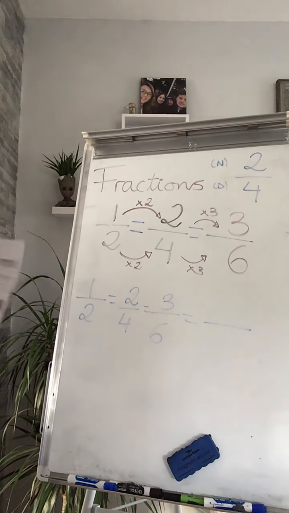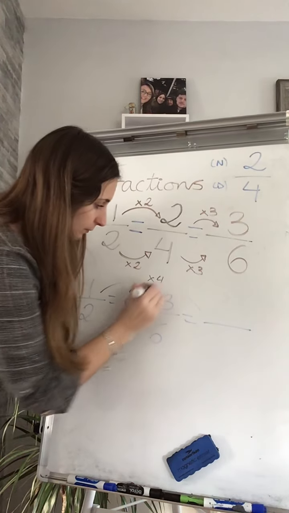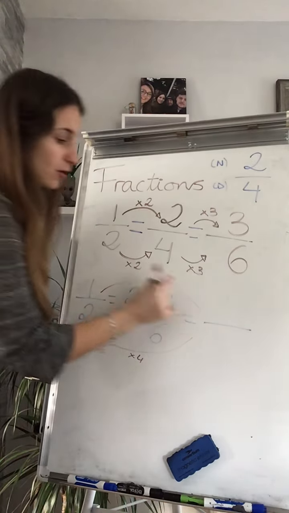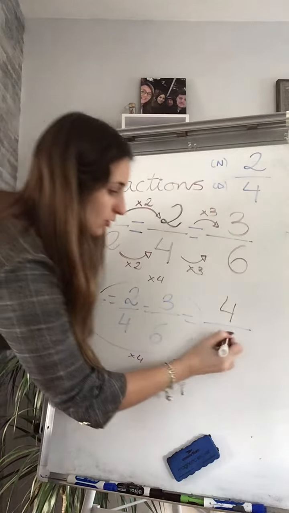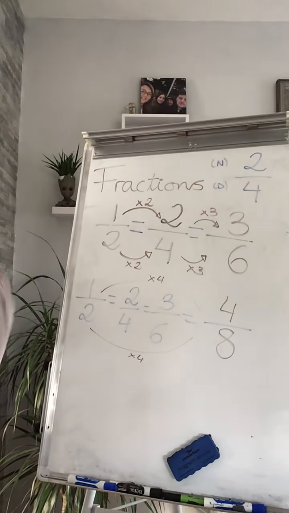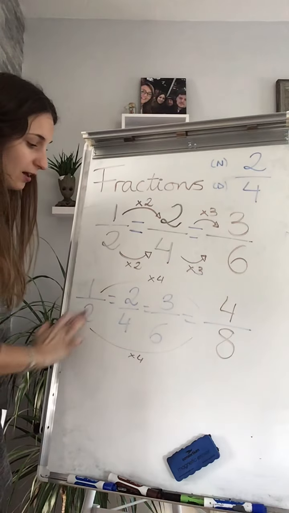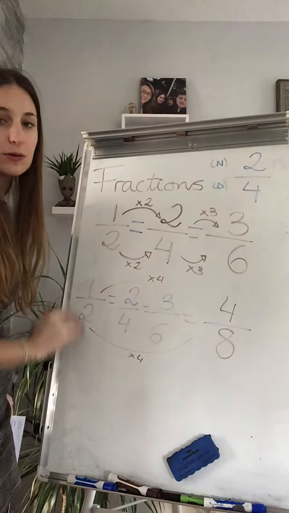Okay, so this time you were timing it by 4. 1 times 4, you should have a 4 on your numerator. 2 times 4, you should have 8 on your denominator. So that means that 1/2, 2 quarters, 3/6, and 4/8 are equivalent fractions.